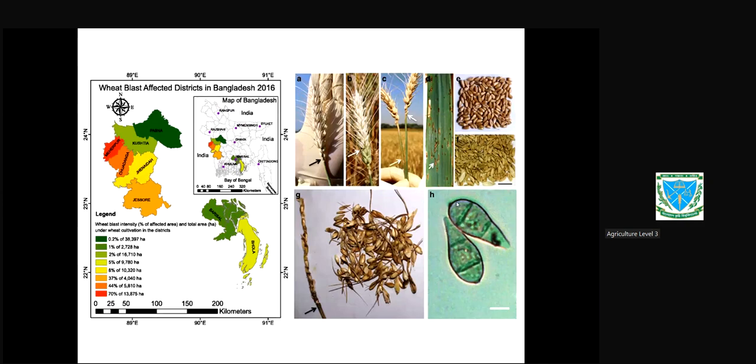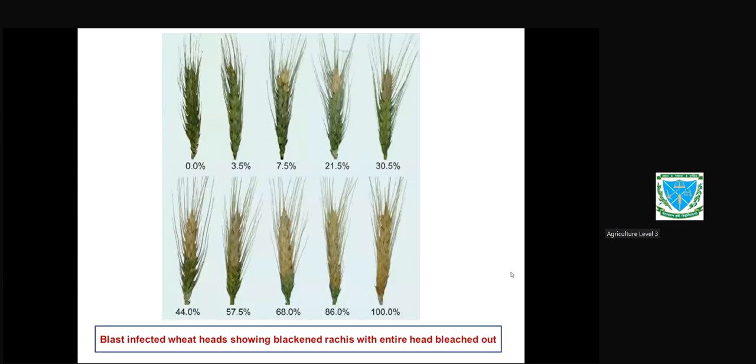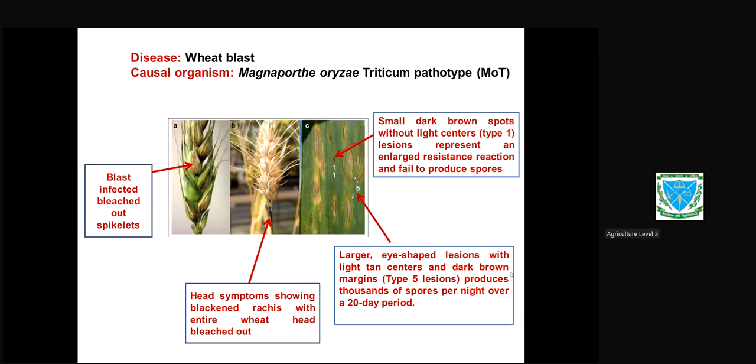This pathogen, Magnaporthe oryzae pathotype Triticum, in short MoT, produces these conidia. They are three-celled, pyriform-type conidia, shaped like a spinning top. When they produce these conidia and the conidia come in contact with the wheat parts.